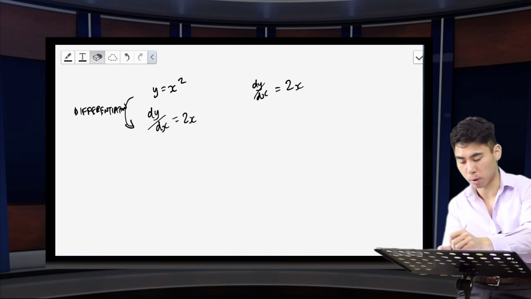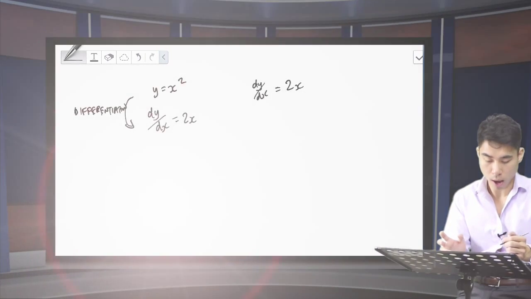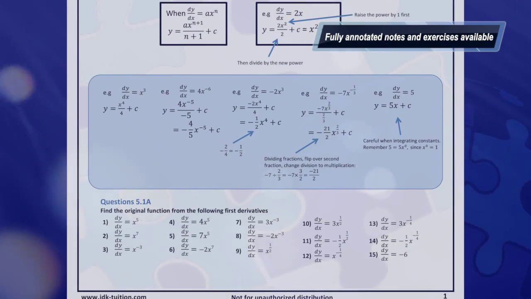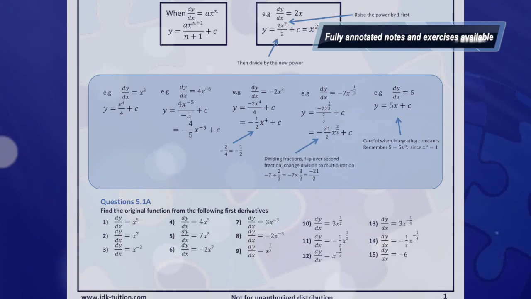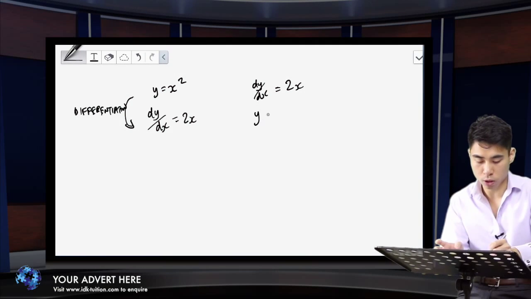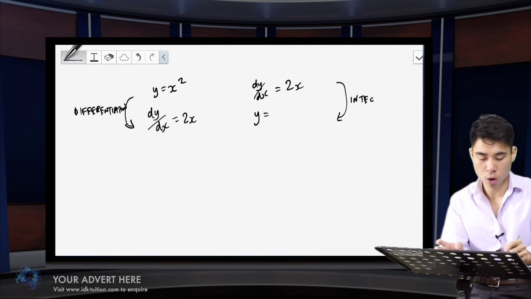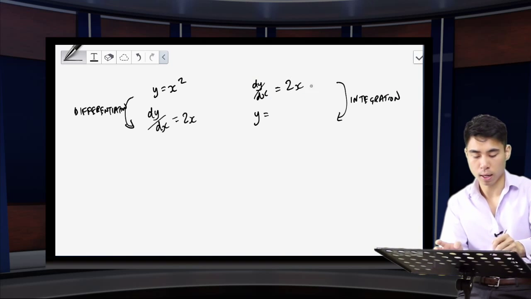Anything to the power of 1 is just by itself. You'd never need to write 1 as a power. So dy by dx equals 2x. What integration allows you to do is work out your original function, so y equals blah, blah, blah, when you've been given your gradient function, your first derivative, like we've been given here.